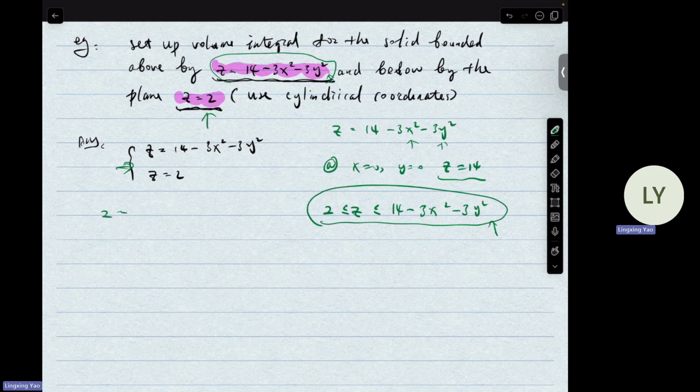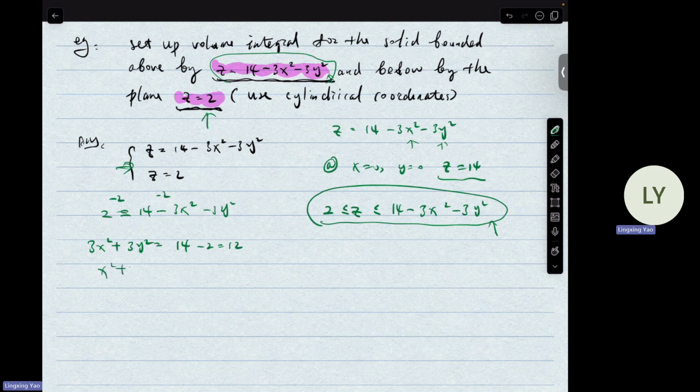So we see 2 equals 14 minus 3x squared minus 3y squared. We subtract 2 from both sides, and then we add 3x squared and 3y squared on both sides. We have 3x squared plus 3y squared equals 14 minus 2, which is 12. And then we can divide both sides by 3.